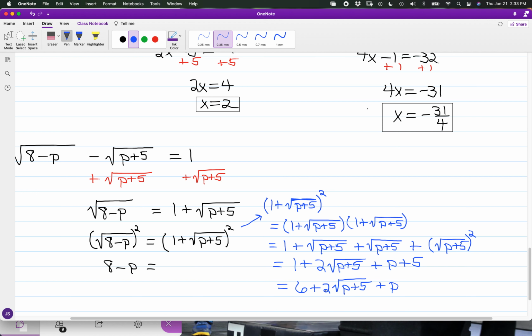Okay, so the right hand side of the equation, we have 6 plus 2 times the square root of p plus 5 plus p.